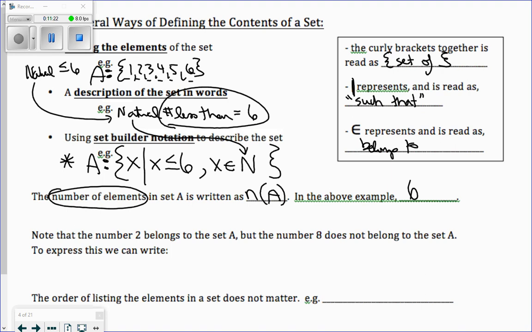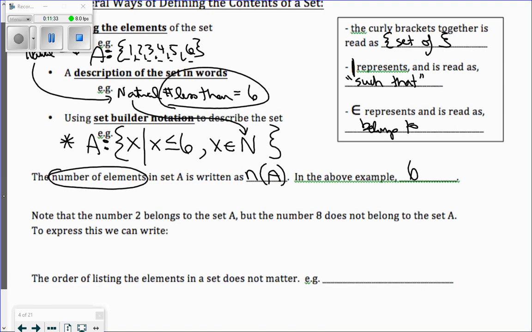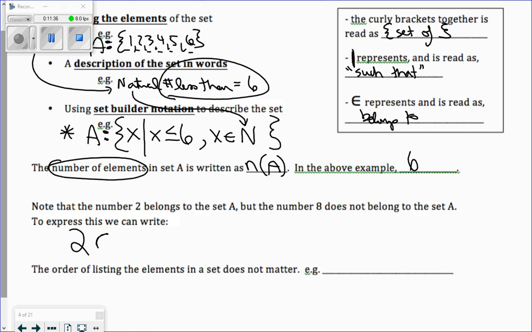Okay. So it says, note that the number 2 belongs to set A, but 8 does not belong to set A. Okay. So the way we say that is we say 2 is an element of A, 8 is not an element of A. Now, the order of them doesn't matter.